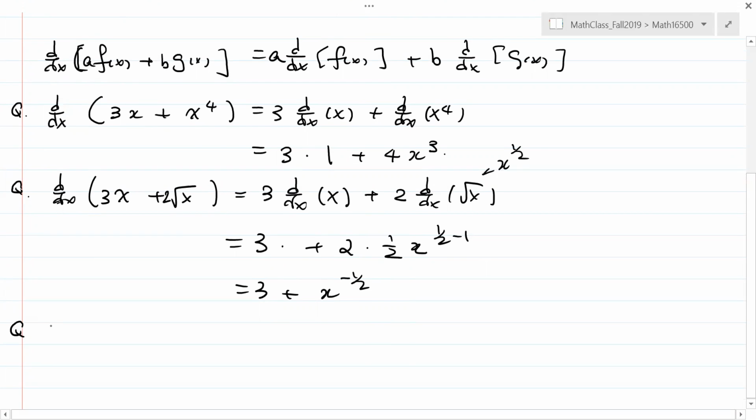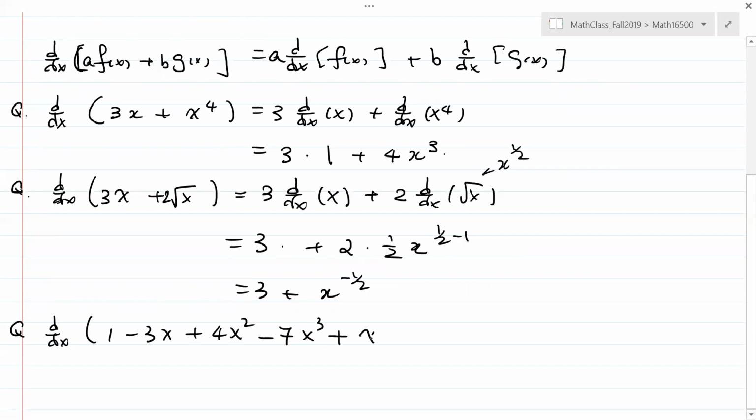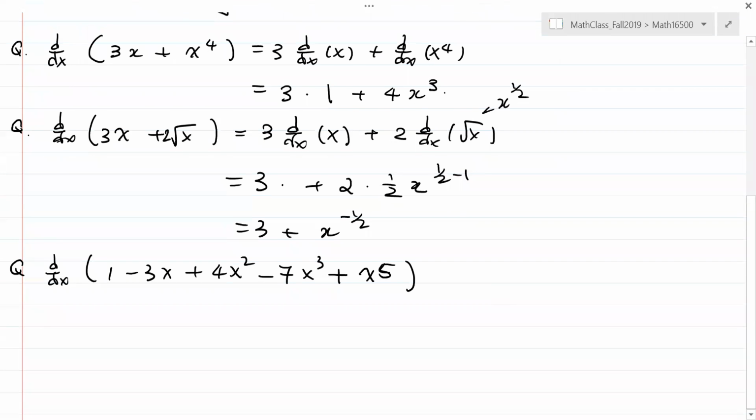So let's look at a long polynomial. It's 1 minus 3x plus 4x squared minus 7x cubed plus x to the 5th. Even a very long polynomial. The linearity shows you that you can differentiate each term, then add them together.